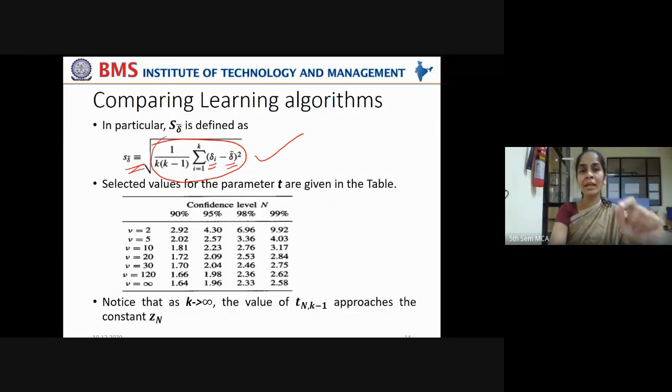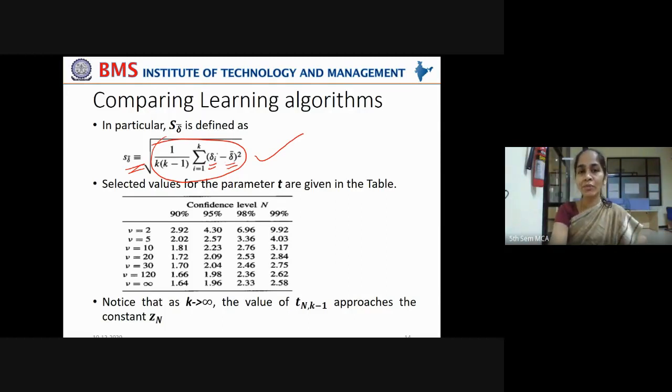Delta i is each partition's test error, and we take the difference between that and the mean error. Mean error is delta bar. Across each partition, you have measured some error, a difference in the error between two learning algorithms, right? And you summed up all of them. That will give you delta bar.